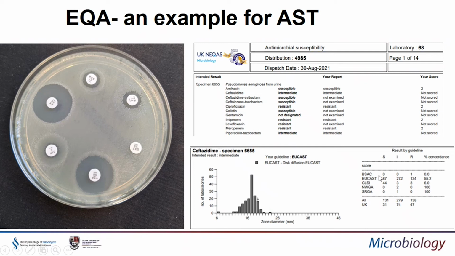Ceftazidime is supposed to be I. 272 participants had that correct, and 3 for CLSI had that correct. But it's still a 55% concordance, so it's still under 80%, and that's why they didn't score it. It's interesting to see these and see where we were compared to the majority.